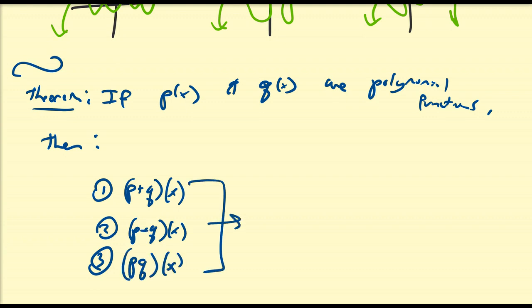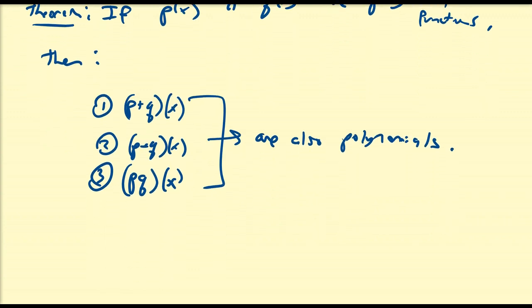All of these are also polynomials. So if you were to add, subtract, or multiply any polynomials together, you will always get a polynomial back. Division of polynomials is not always a polynomial, which is why we're going to come back and discuss this at another time.